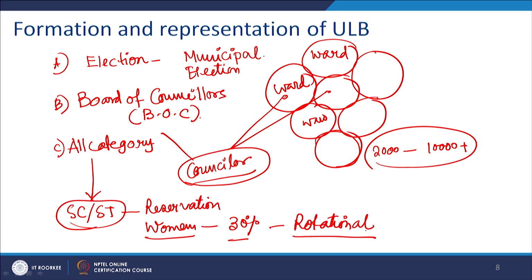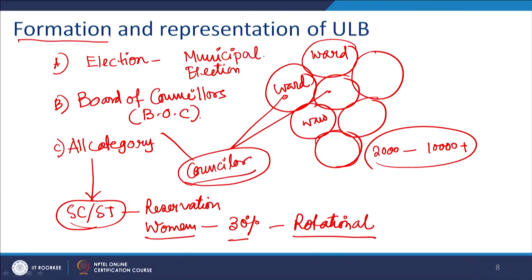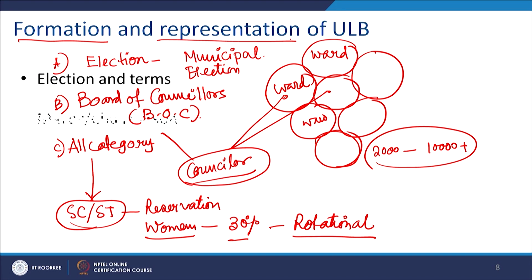This is a very important factor mandated in the Constitutional Amendment Act. In some state governments, through rotation they have made various innovative methods of reservation, and some municipalities and state governments have adopted more than 30% reservation for women councillors. So, these are very important provisions regarding the formation and representation of the urban local bodies as per the 74th Constitutional Amendment Act of 1992.